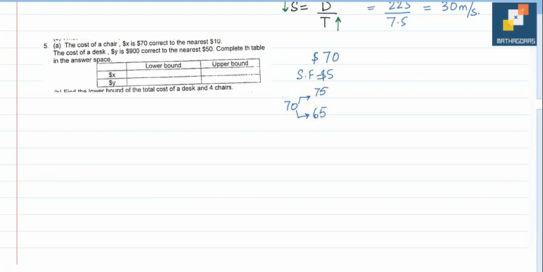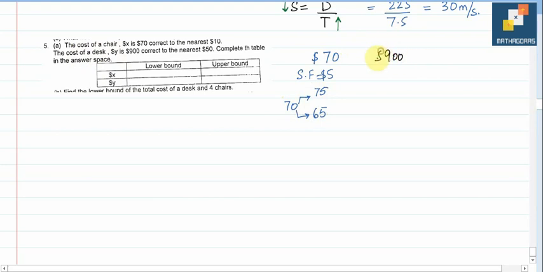Similarly, the cost of a desk, $Y, is $900 correct to the nearest 50, which means the scale factor is 50 divided by 2, $25. So for 900, the upper bound is 925 and the lower bound is $875. So we have found all four upper and lower bounds.